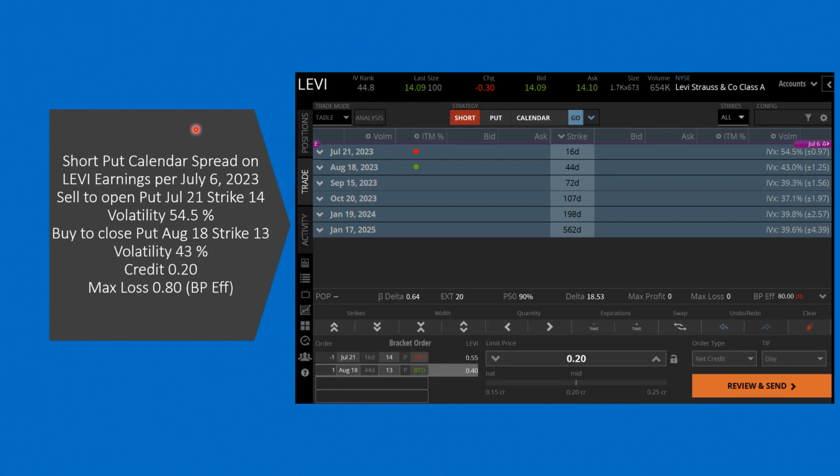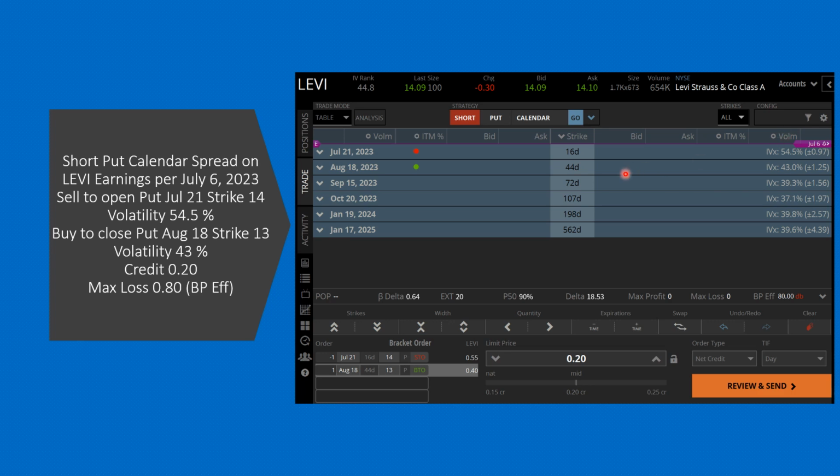Talking about the short put calendar spread, then it's nothing else than that you profit from the current volatility here at 54 and buy a put which has a lower volatility, here at 43 into August. I just have an example of Levi Strauss, which brought its earnings on July 6.